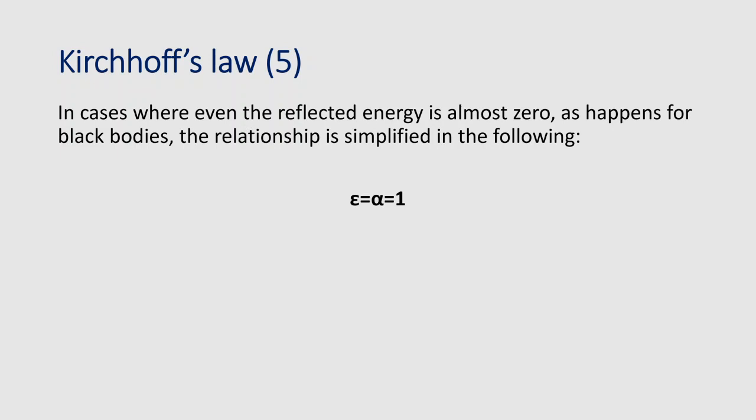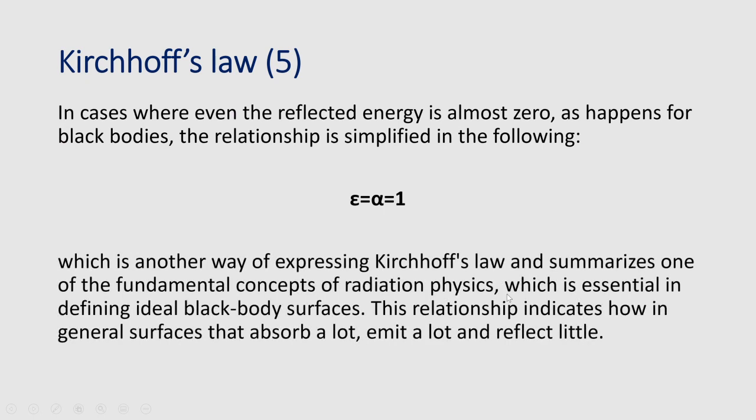That means that for all the wavelengths, a black body has a rho, a reflection coefficient, and a transmission coefficient equal to 0, which is another way of expressing Kirchhoff's law and summarizes one of the fundamental concepts of radiation physics, which is essential in defining ideal black body surfaces. This relationship indicates how in general surfaces that absorb a lot, emit a lot, and reflect little, of course.